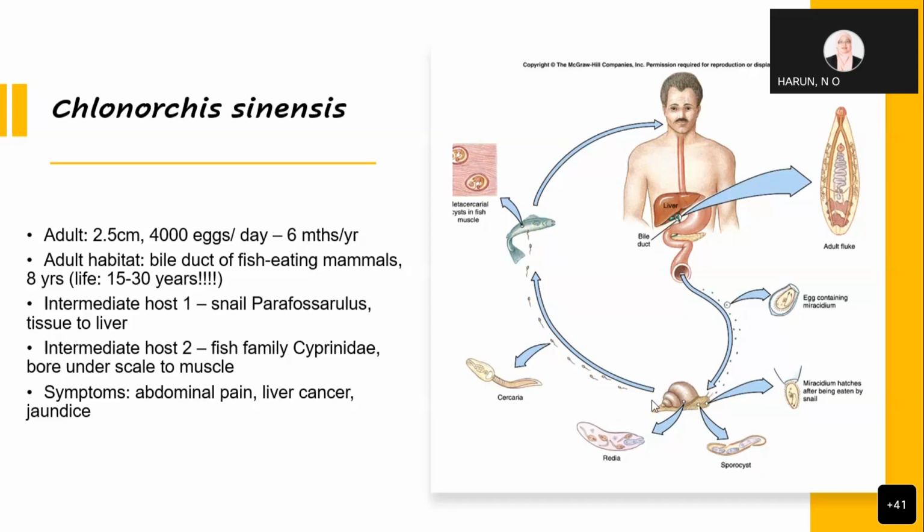See? Then in the snail it goes to the redia stage, and then it releases everything. Then cercaria, and eventually they try to get into any potential fish, especially the family Cyprinidae. In the fish they work very hard, and later a human will eat this fish, especially raw fish.